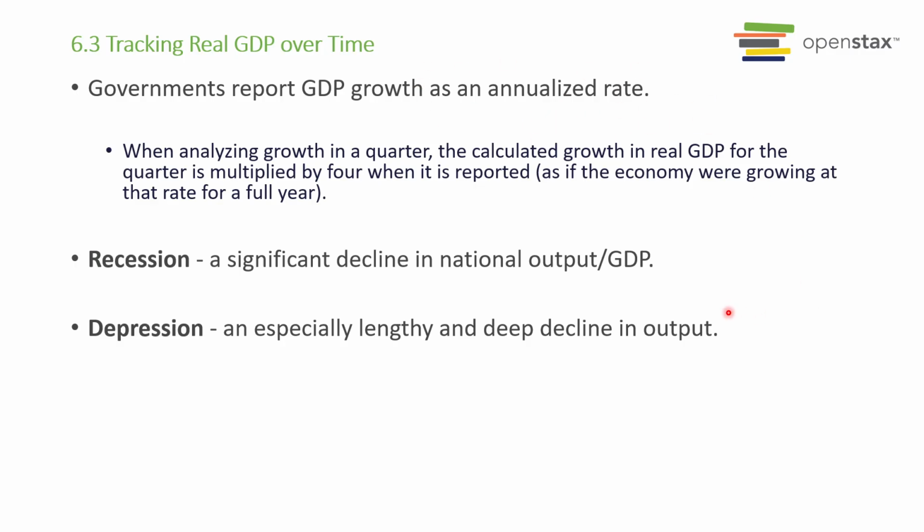All right. If there is a significant decline in the output by the economy, or GDP, we call that a recession. And if this recession is especially prolonged and especially deep, meaning there's a big decline in national output or GDP, we actually call that a depression.